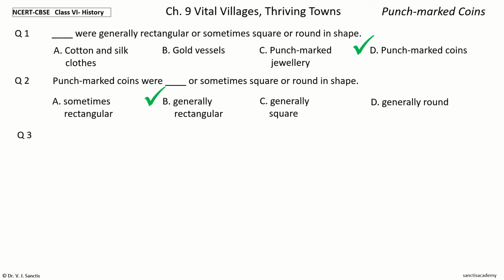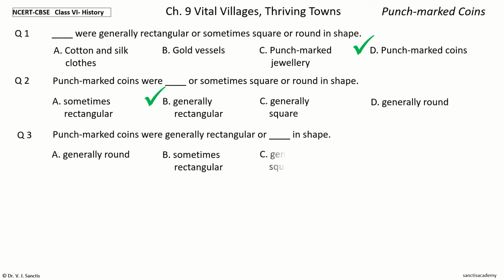Question 3. Punch-marked coins were generally rectangular or dash in shape. The options are generally round, sometimes rectangular, generally square, sometimes square or round.